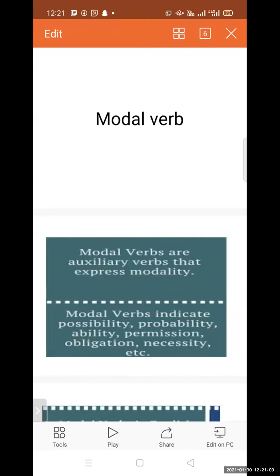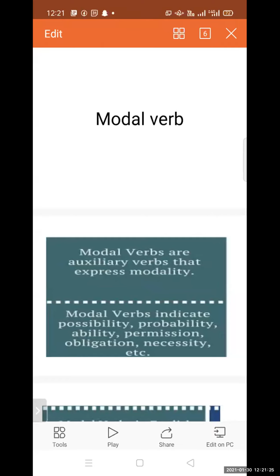Sometimes you ask, you take permission if you want to do some kind of work. Your ability, your possibility, your permissions, your necessity, etc. All these kinds of sentences come under the modal verbs.